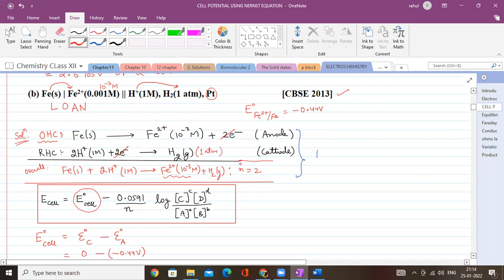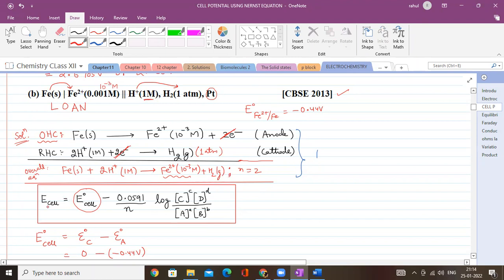This is at cathode. The overall equation, when these 2 electrons cancel out: iron in solid plus 2H+ 1 molar gives Fe2+ 10 to the power minus 3 molar plus hydrogen gas. The number of electrons changed is 2.